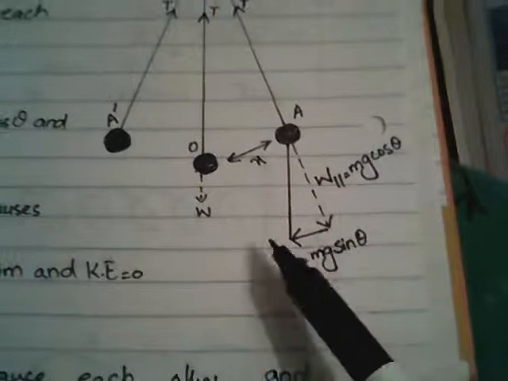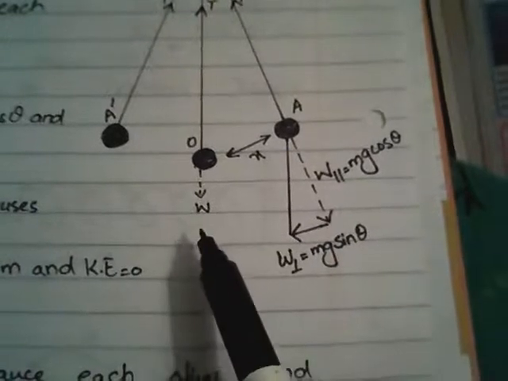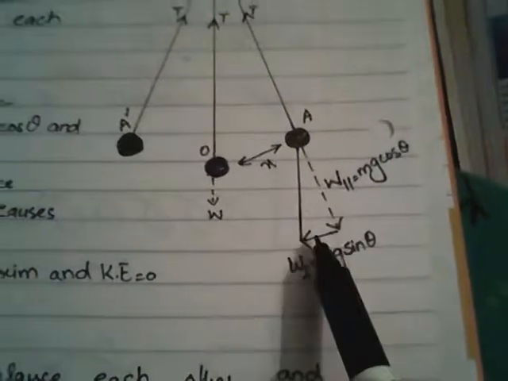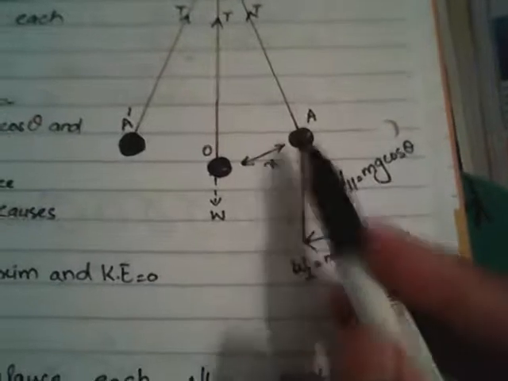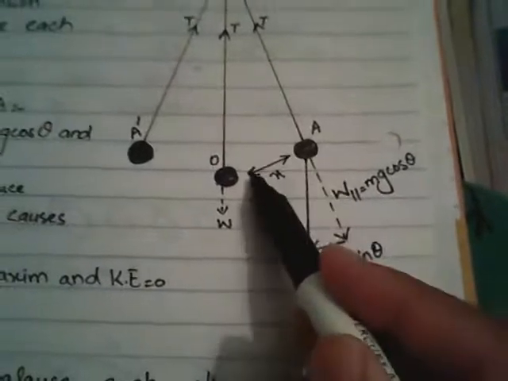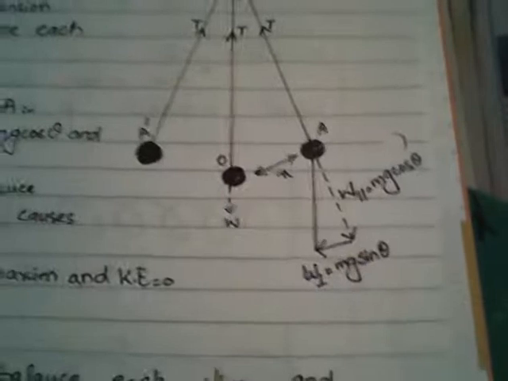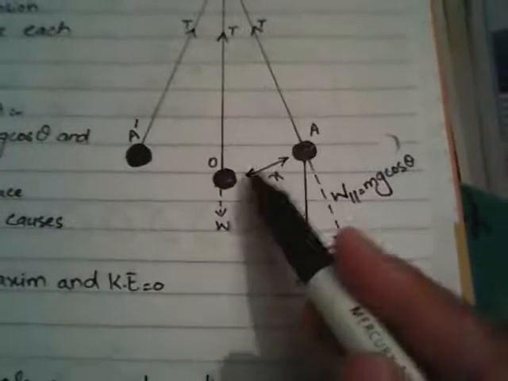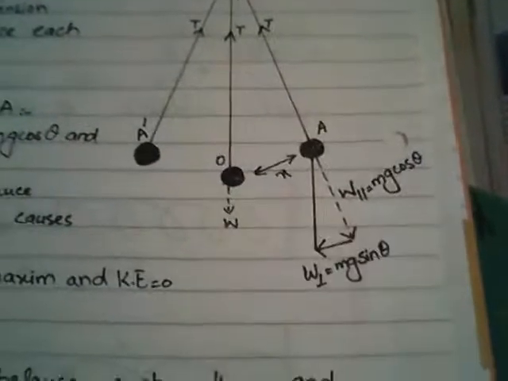Here you can see that W perpendicular is directed towards the mean point. So what will it do? It will cause the bob to start its motion towards the mean position.